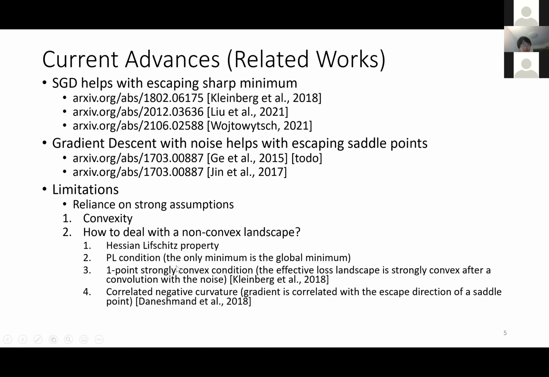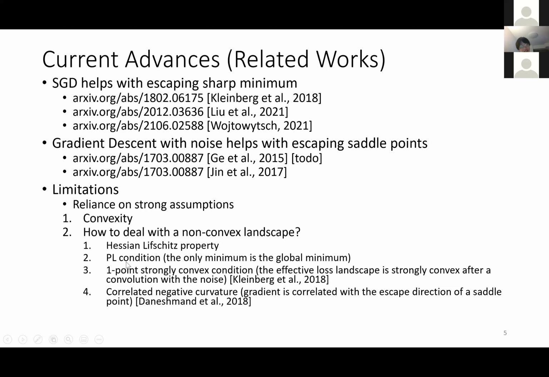And in such a setting, the following assumptions are usually made. For example, it is common to assume that the Hessian of the loss function is Lipschitz continuous, meaning that the Hessian is bounded. And also a common condition is the PL condition, which implies that the only minimum in the landscape is the global minimum.